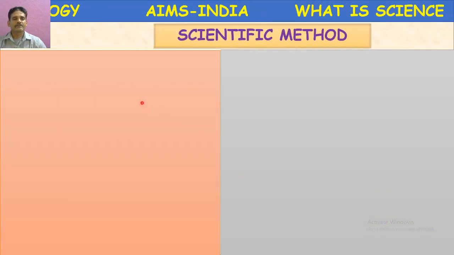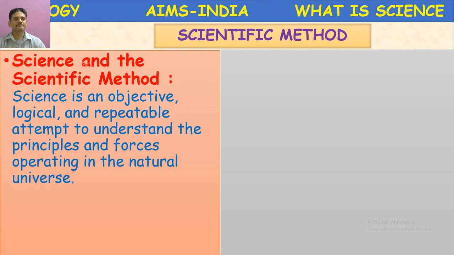What is the scientific method? Let us see in brief. Science and the scientific method. Science is an objective, logical, and repeatable attempt to understand the principles and forces operating in the natural universe. Okay? So these are all objective, logical, repeatable principles and forces operating in the natural universe.